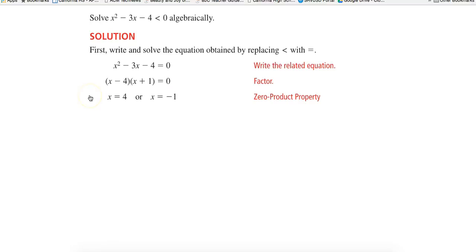Now, as you know from graphing quadratics and finding the inequality region, solutions to quadratic inequalities are regions and not just points. So these points right here help us determine which regions actually contain our solutions.